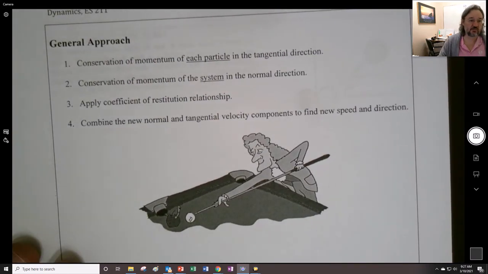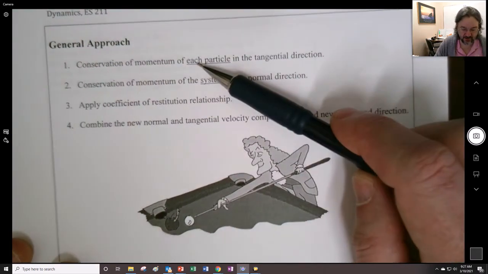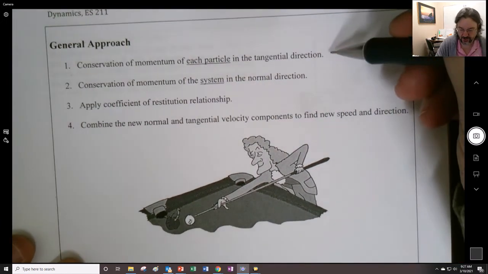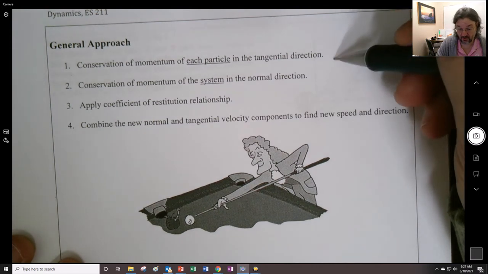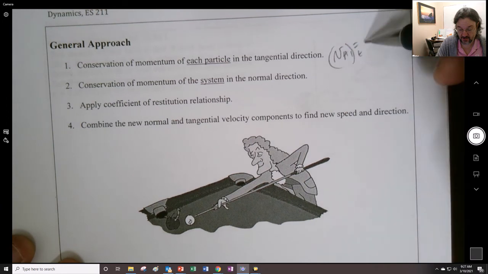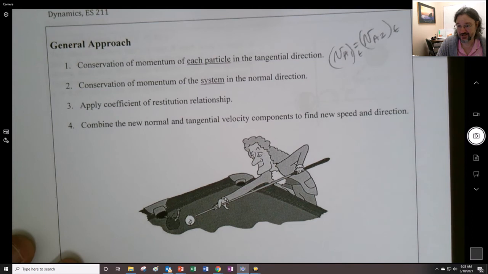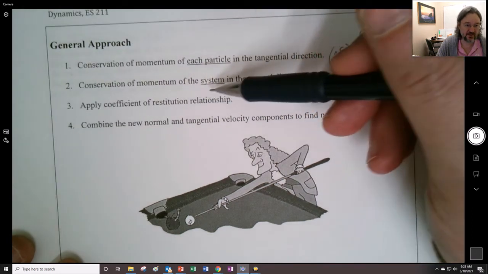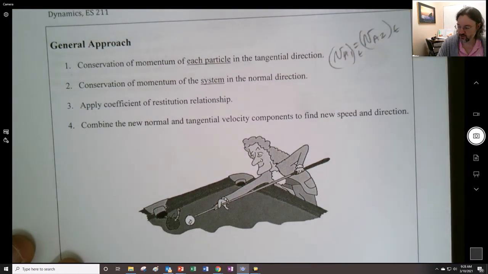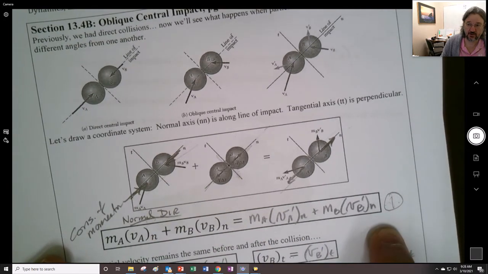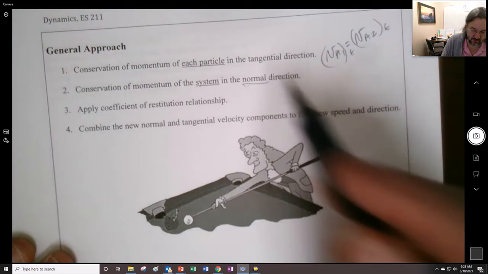So our general approach is to take the conservation of each particle in the tangential direction, which just means that before is equal to after. So v_A1 in the tangential direction is equal to v_A2 in the tangential direction, and the same thing is true for particle B. Then we apply conservation of momentum to the system, but we do it in the normal direction.